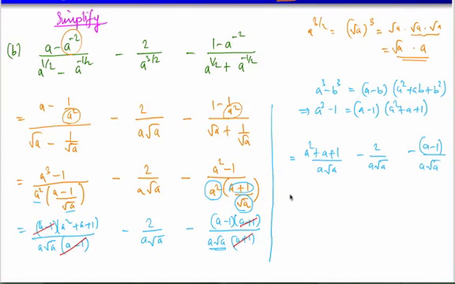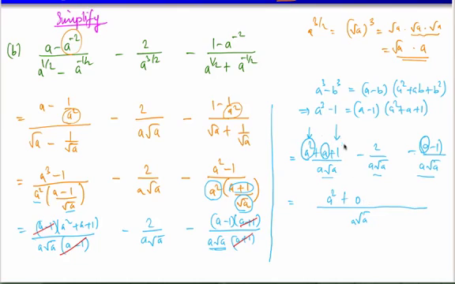Now what do you do? You can see the denominators are the same at all three places. Now collect them together in one place, a root of a, and then see what happens. First of all, let us collect the a square terms. A square term is here, there is no other a square term here, so I just write a square here. Collect the a term, and there is one a here, so a minus a will become 0, so a does not come, I will just write 0.